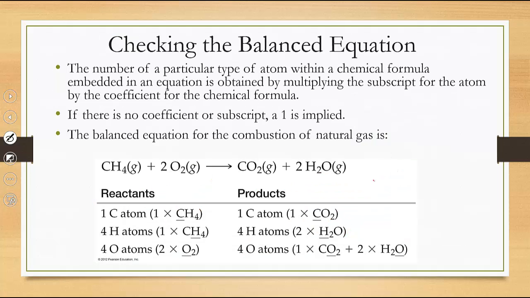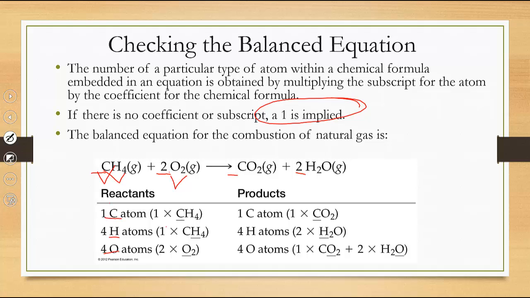So if we check the balanced equation, we can say that there's 1 CH4 molecule, 2 O2 molecules, 1 CO2 molecule, and 2 H2O molecules. If there's no coefficient, there's a 1 there that they just don't write. So here we have 1 times 1, which means that we have 1 carbon. 1 times 4, which means we have 4 hydrogens. 2 times 2, which means 4 oxygens.